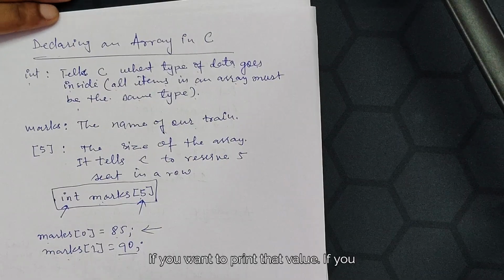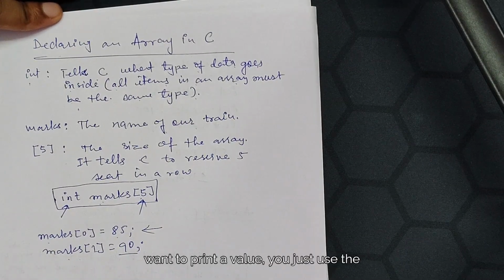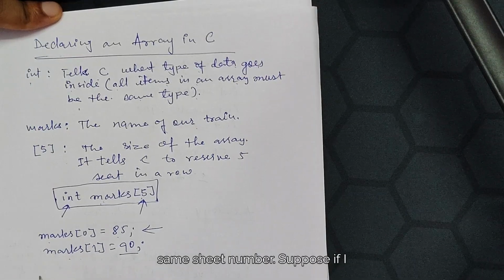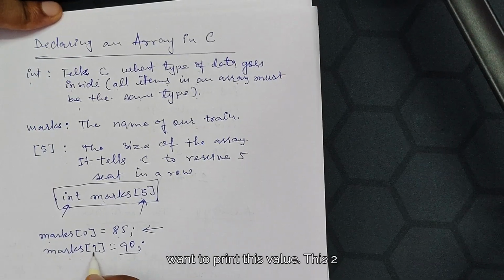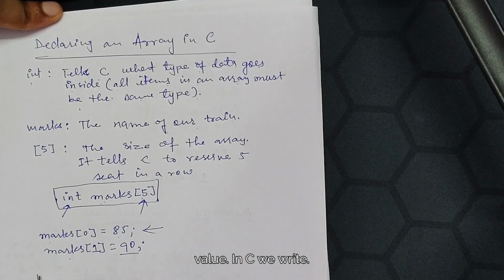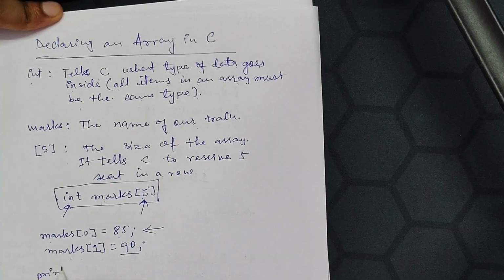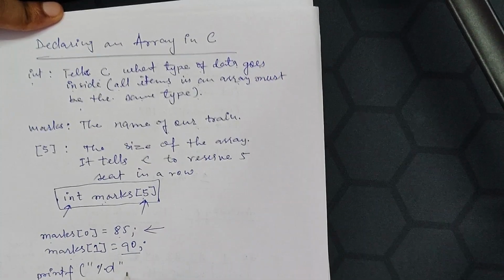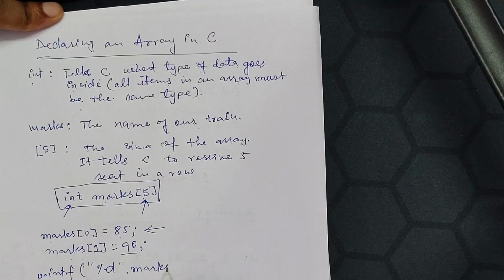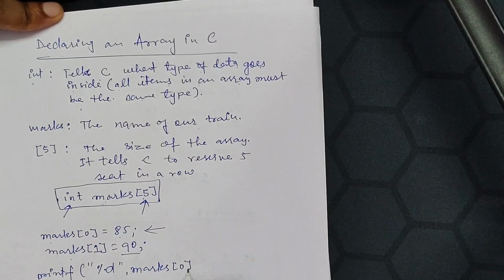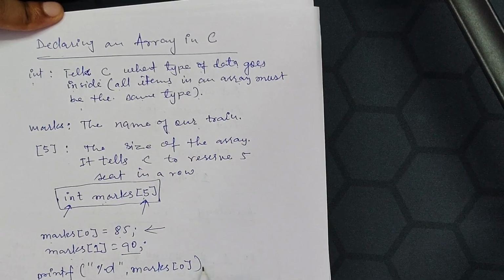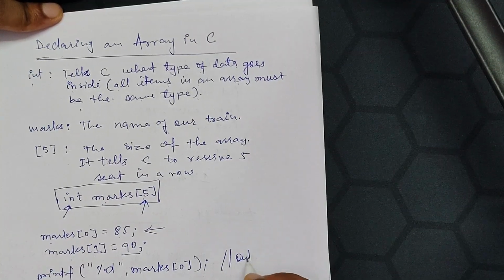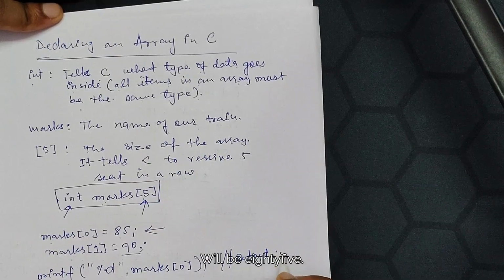If you want to print a value, you just use the same seat number. Suppose I want to print this value, in C we write printf marks[0], and the output will be 85.